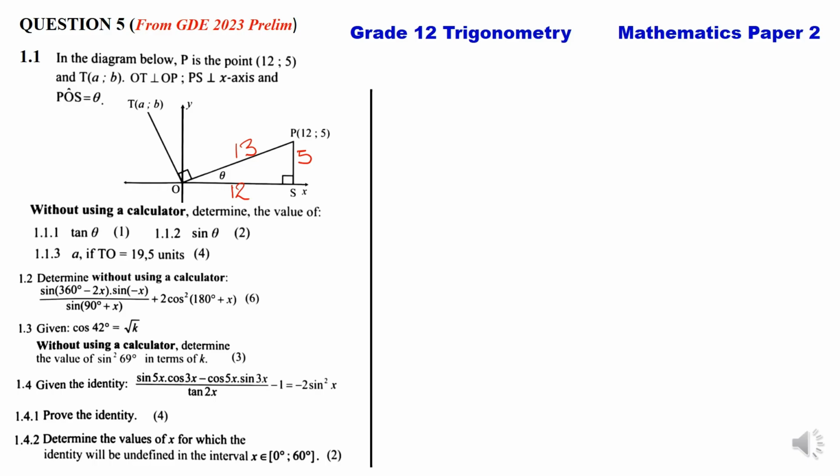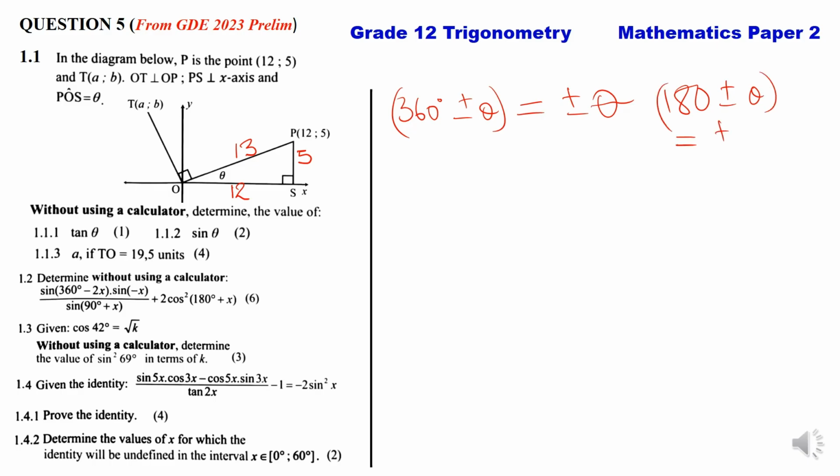Number 1.2, we need to be reminded of reduction formulas. So if I get 360 degrees plus or minus theta, then I must know for sure that the 360 falls away. I'm going to remain with plus or minus theta. If I get 180 plus or minus theta, the 180 falls away.